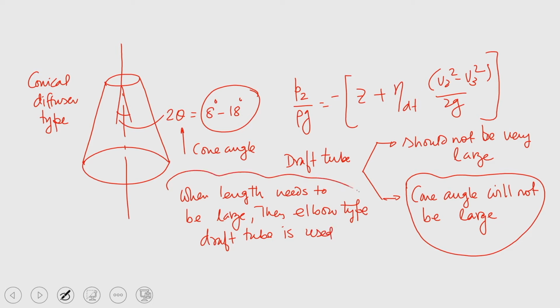So, this is very important. Instead of a straight tube, we can use an elbow type draft tube. So, when length needs to be very high and the velocity of water at the exit of the draft tube is not the final criterion, in that case the elbow type draft tube is used.